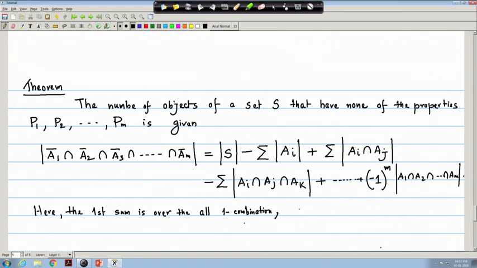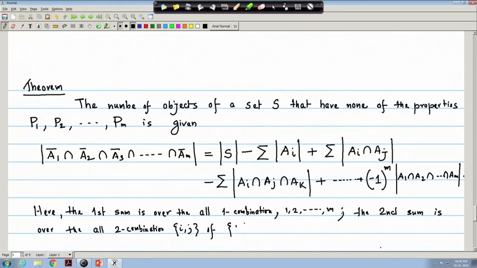Then the second sum, 1 to m, is over all the two combinations, all the two combinations, say A_i A_j, of these i, j are from 1 to m.